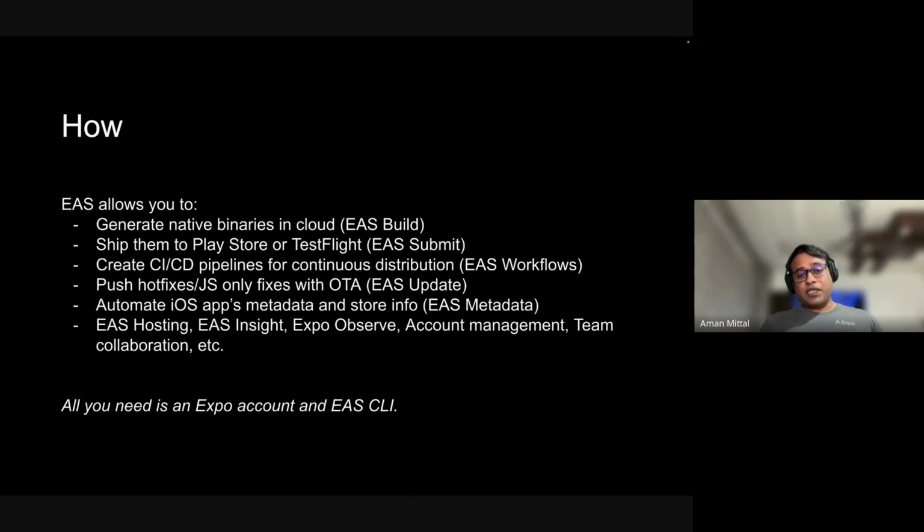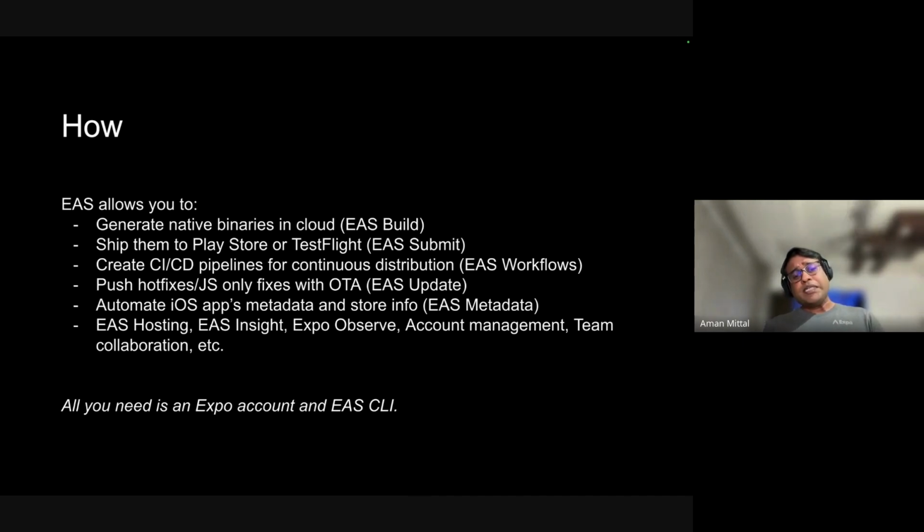You can also use EAS update to send over-the-air updates. Over-the-air updates are a common practice to push hot fixes or JavaScript-only fixes to your app. You don't have to recompile or rebuild your app from the scratch.